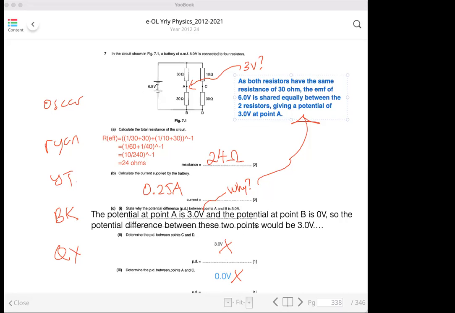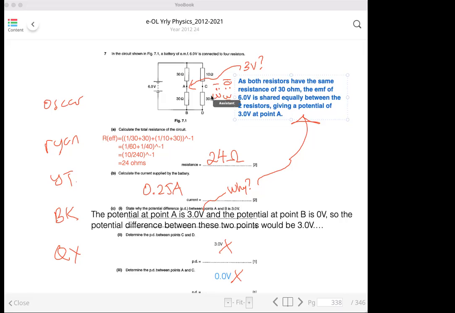So how will this 6.0 volt be shared between these two? It should be in the ratio of 10:30. Is that clear? So how do you split this 6 volt between these two? It's in the ratio of 10 ohm to 30 ohm. So basically it's 1:3.